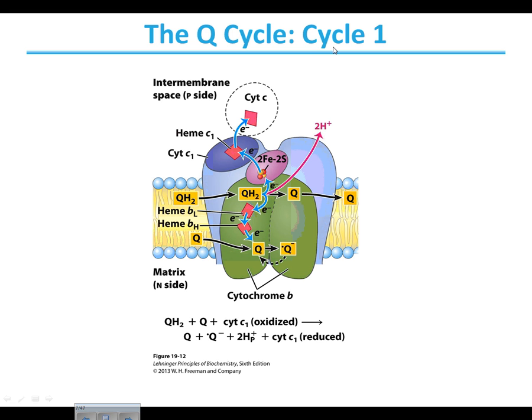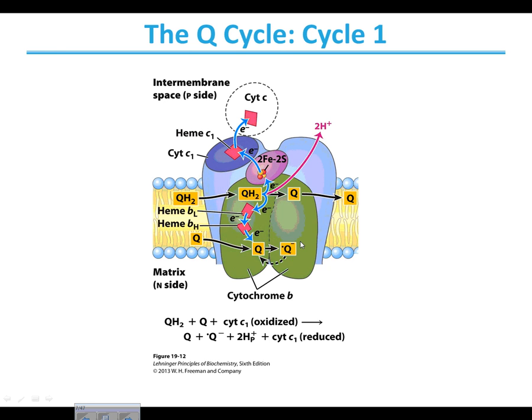Those protons go to the intermembrane space. So through cycle 1, we've accomplished 2 things. We've made a cytochrome C, meaning we've given an electron to cytochrome C to move on to complex 4, and we've moved some protons into the intermembrane space, which we were trying to do.